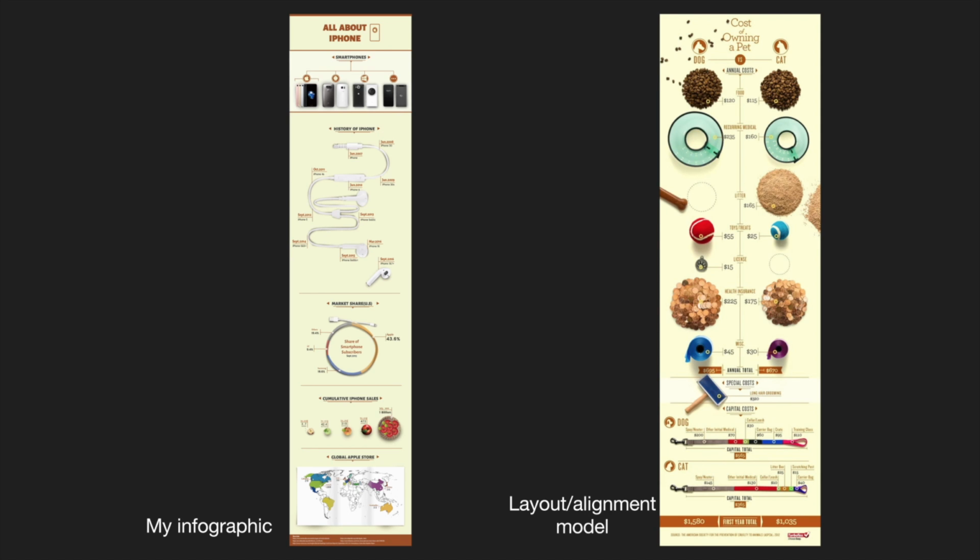The model has 3 displays, where the first one is relatively huge, where they compare the annual cost of dog and cat. On the other hand, I have 5 different displays which are hard to be arranged into columns.